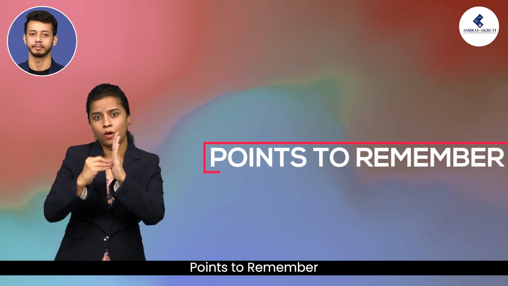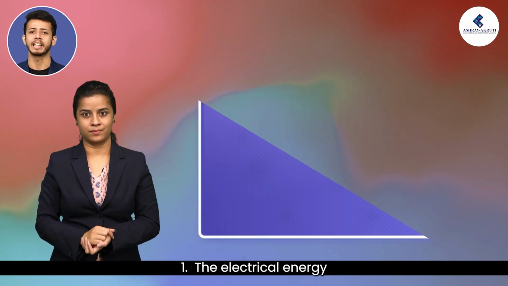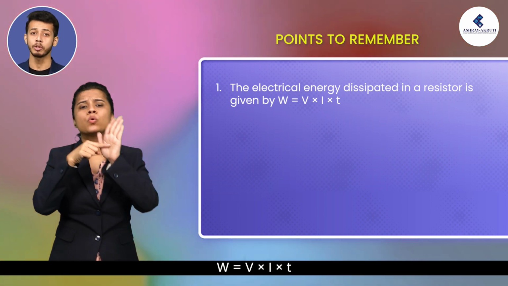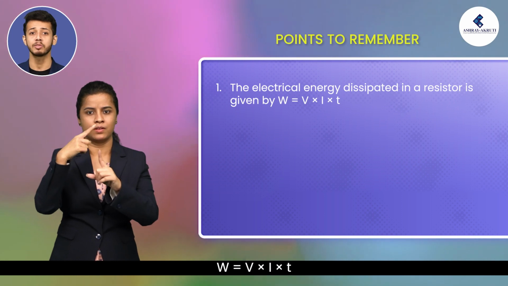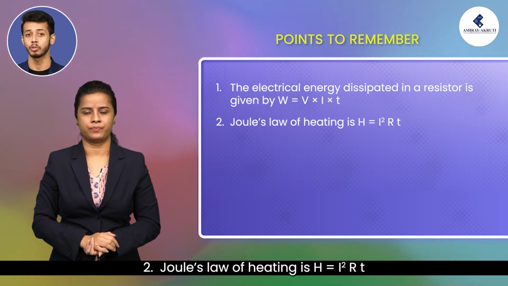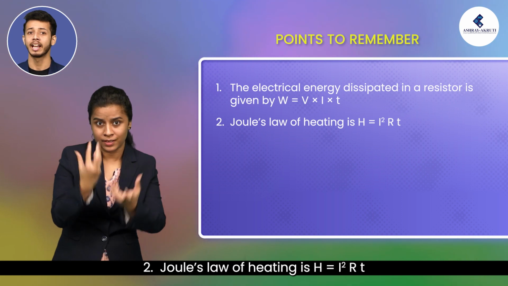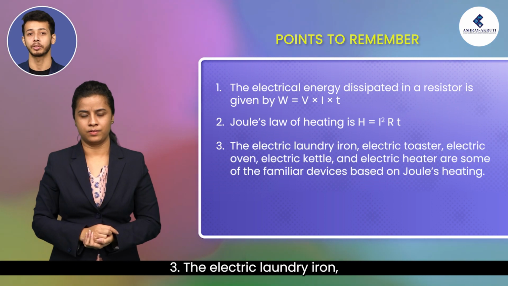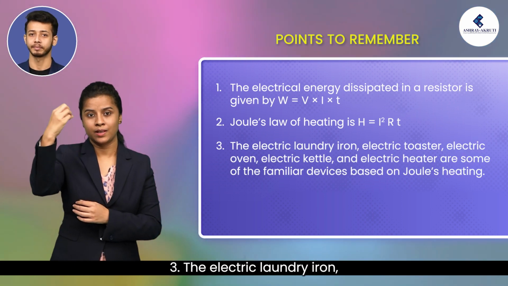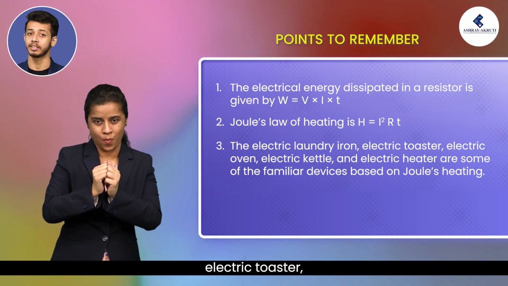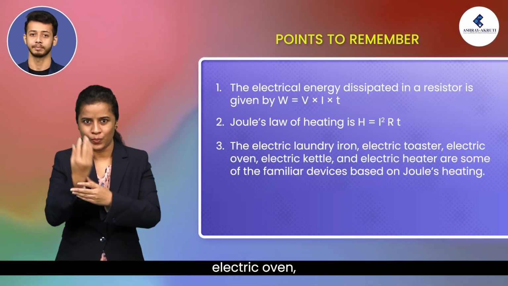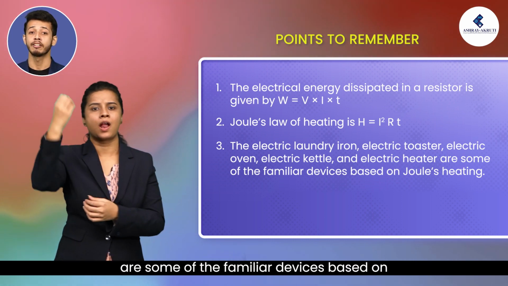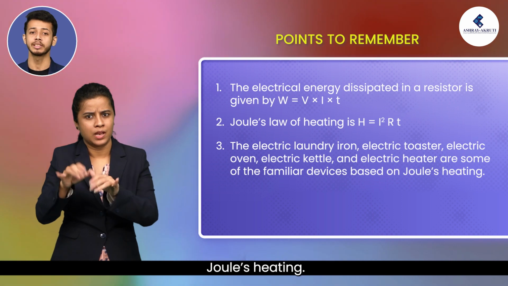Points to remember. Number 1. The electrical energy dissipated in a resistor is given by W equals V into I into t. Number 2. Joule's law of heating is H equals I squared Rt. Point number 3. The electric laundry iron, electric toaster, electric oven, electric kettle and electric heater are some of the familiar devices based on Joule's heating.